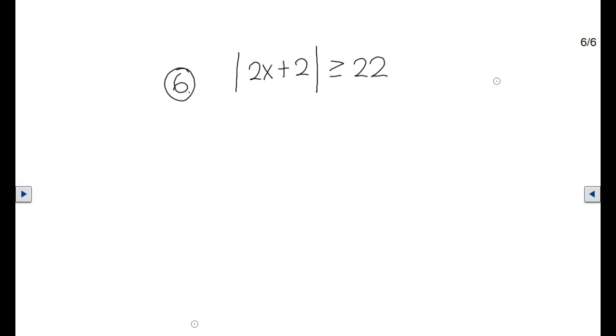So hit that pause button and try this one on your own. So I'm going to wait here for a little bit to let you pause your video and try this one. And then when you've got it done, unpause. And I will talk through the solution to this problem so you can see how you did. So pause the video, give this one a try.